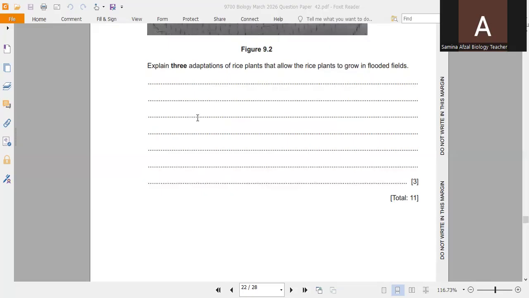First adaptation is that they have parenchyma tissues.